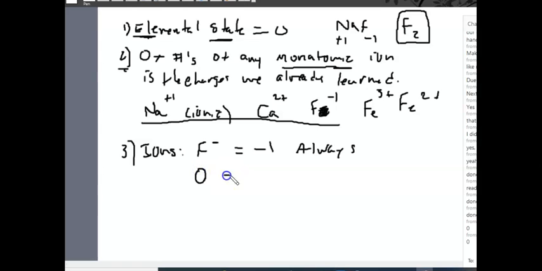Oxygen always has a -2. Always. Unless it's the elemental state, then it has a 0. And hydrogen can either have a +1, which most of the times it will have, but it could also have a -1. Okay? Unless, again, it's in the elemental state, then it'll have a 0 charge.